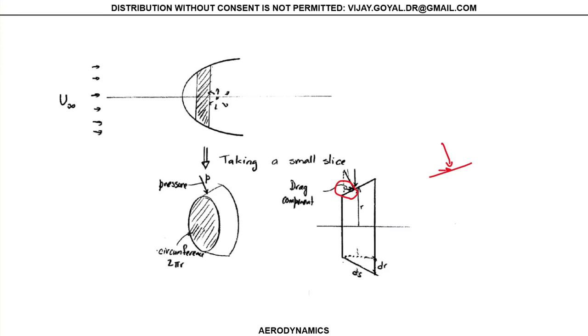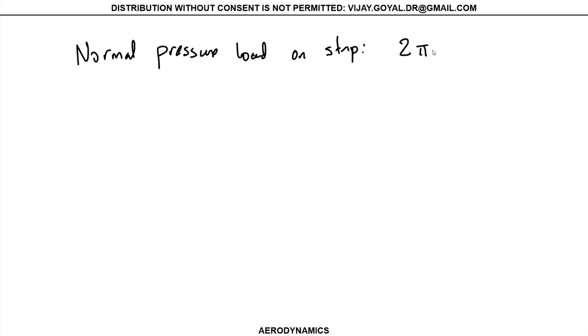Okay, with that said, the pressure is normal to the surface, so let me write this down. The normal pressure load on the strip will be 2 pi r ds.